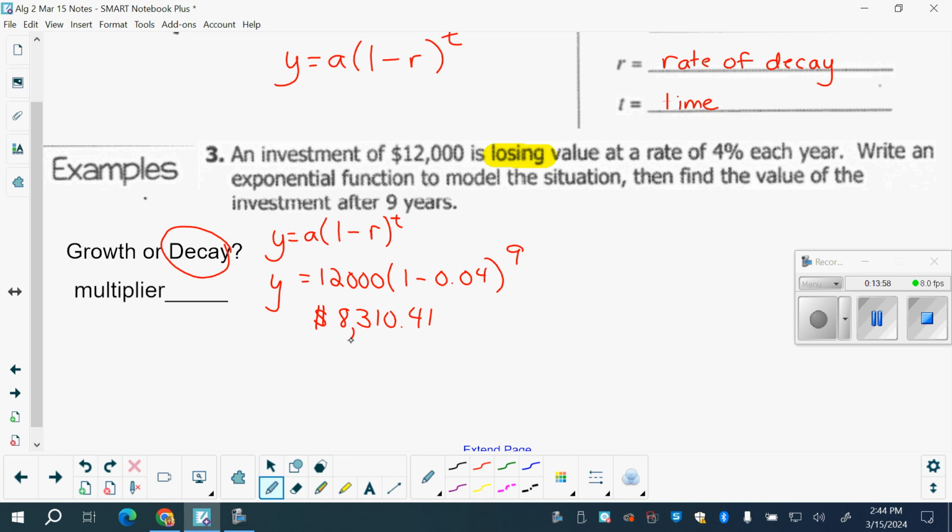So Shireen just said 0.96. Where did you get the 0.96 from? Yep, so she took the 1 minus 0.04 on her calculator, and she got 0.96. Does that make sense? That's your multiplying by itself 9 times. That's your multiplier.